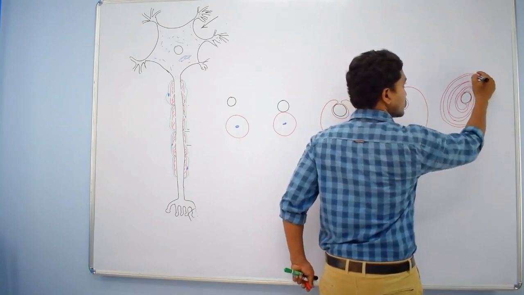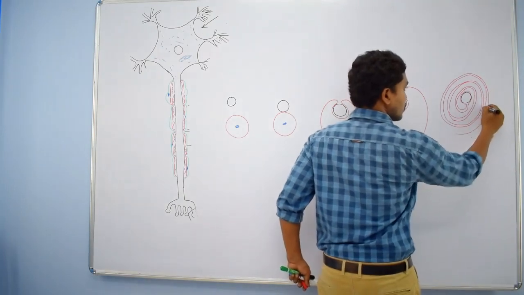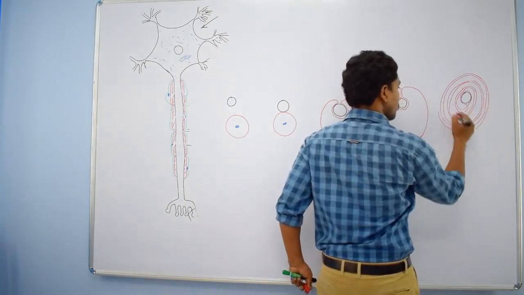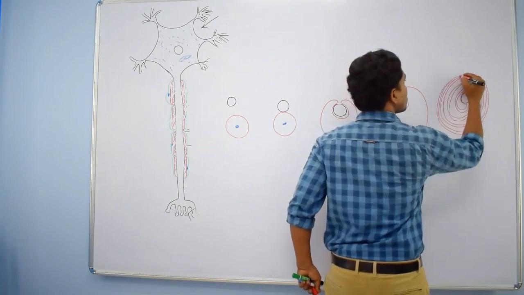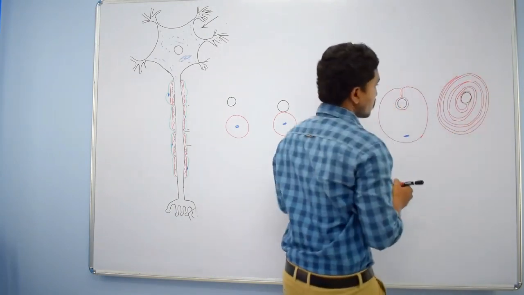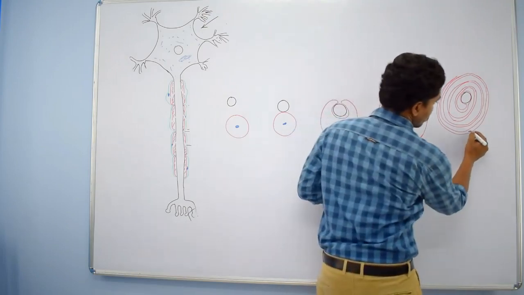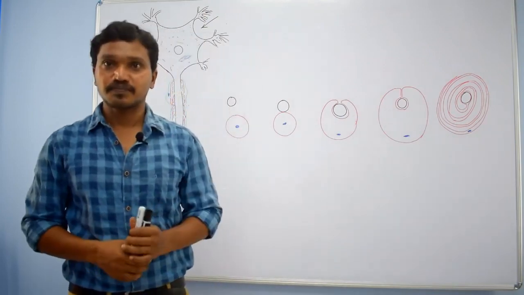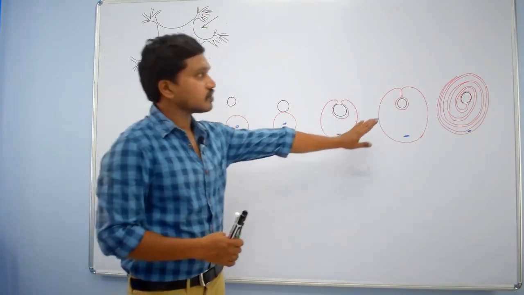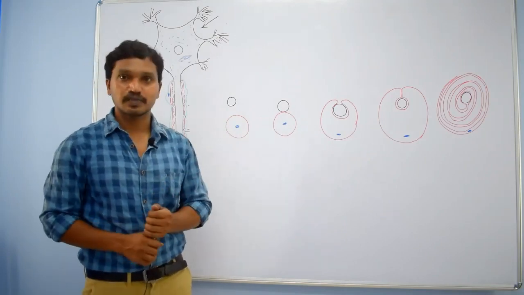And in between these folds of mesaxon, there will be accumulation of lipids and it completes the formation of myelin sheath. Of course, we can put the nucleus of the squamous cell. Clear? So this is the formation of myelin sheath.